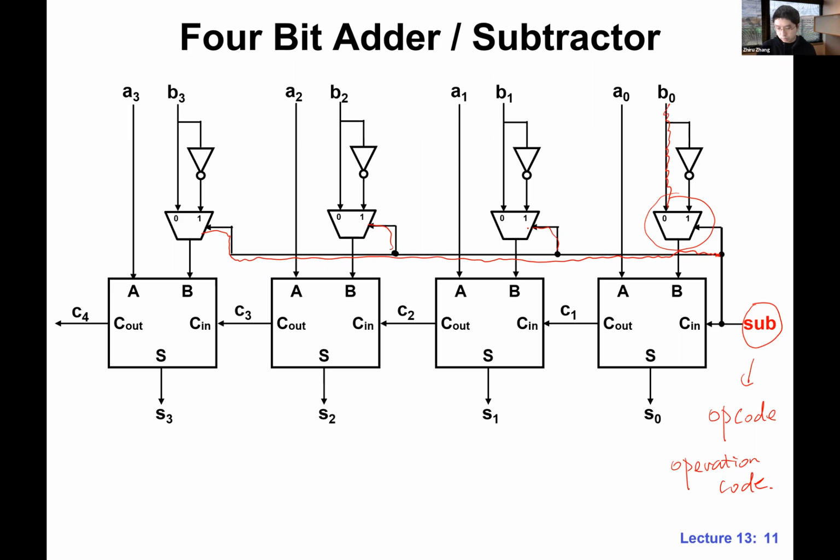And we also make use of this: the nice thing is that 1 we can just connect to the carry in. That's where we get the +1 for subtraction. Any questions about this? Hopefully this is intuitive enough. Okay, very good.